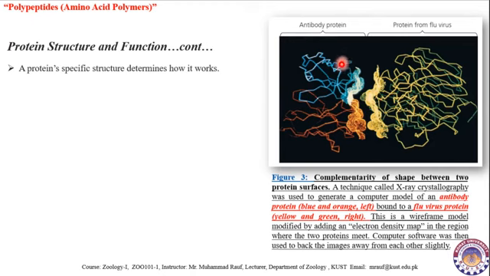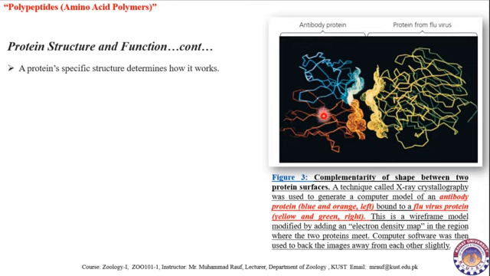If the antibody produced by the immune cells is formed properly in its proper three-dimensional structure, only then can it bind with the protein produced by the flu virus, or the flu virus, and neutralize the virus.